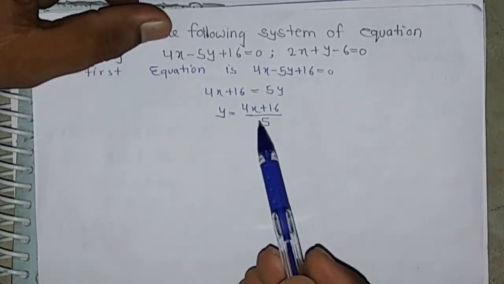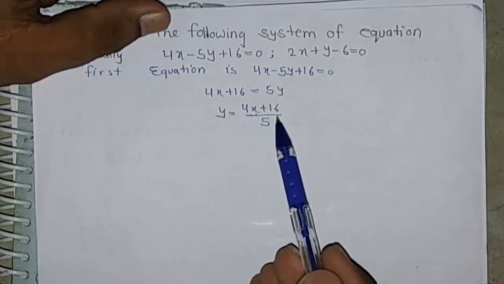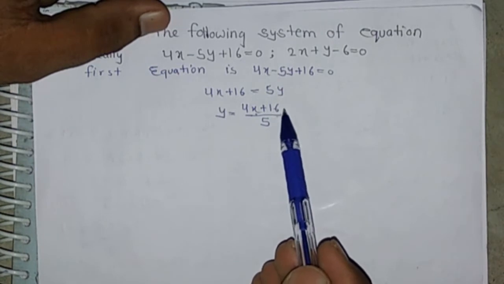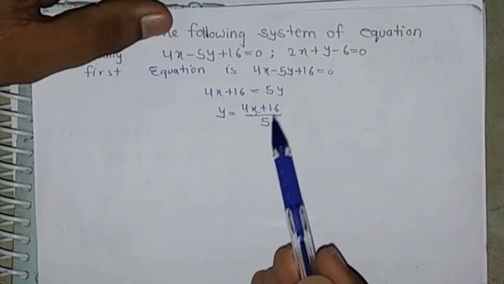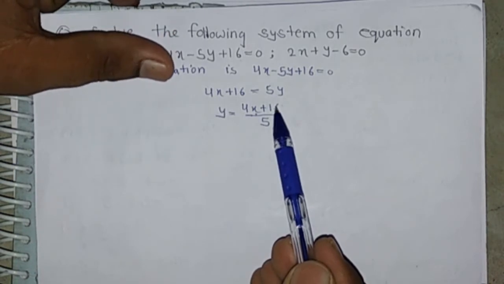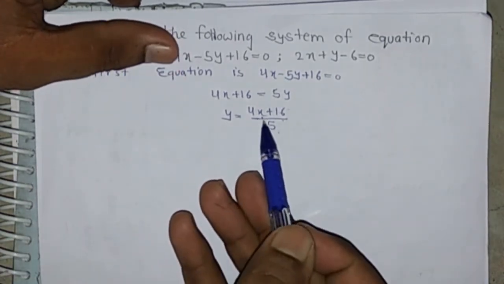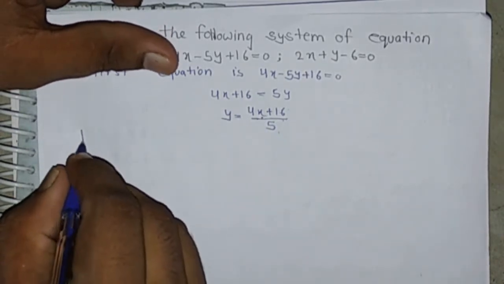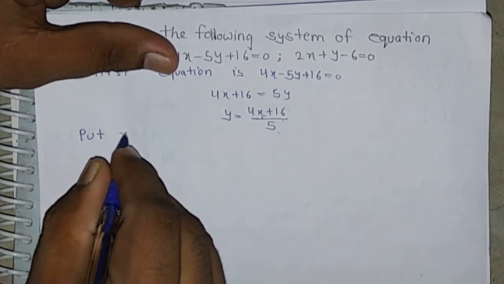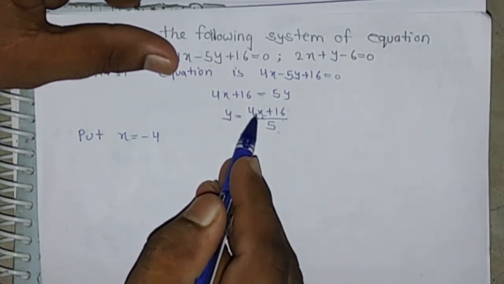Now we put values of x in this equation such that the numerator is completely divisible by 5. Firstly we put x equal to minus 4.